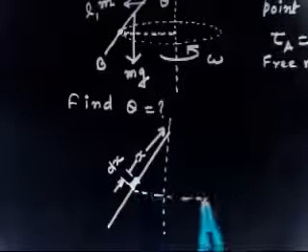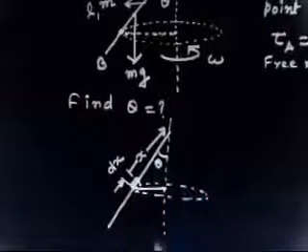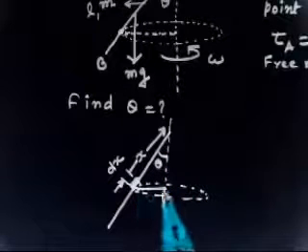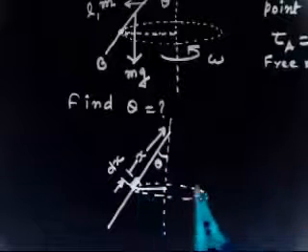There is a force that will act, so this part is moving in this circle. So if this length is x, this is theta. Now you know what will be this length. This is x sin theta. This is x cos theta. So the radius of the circle is x sin theta.